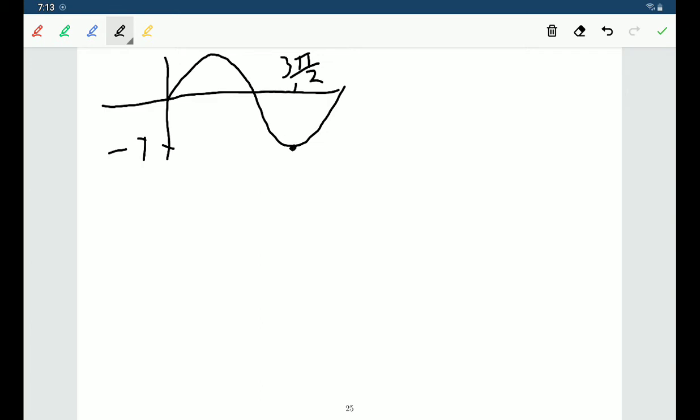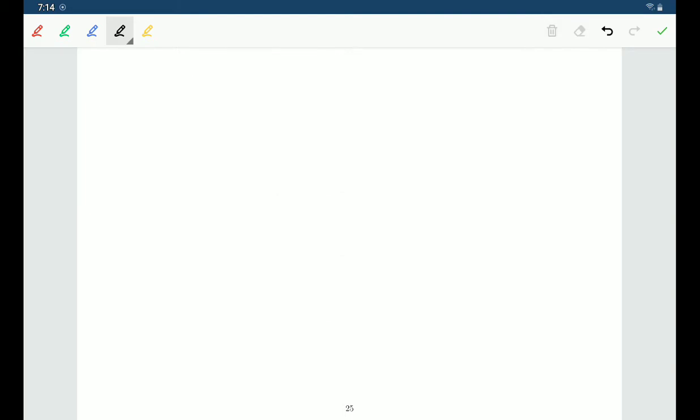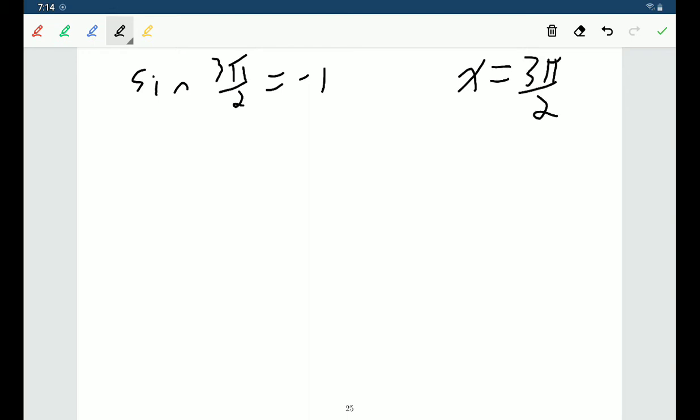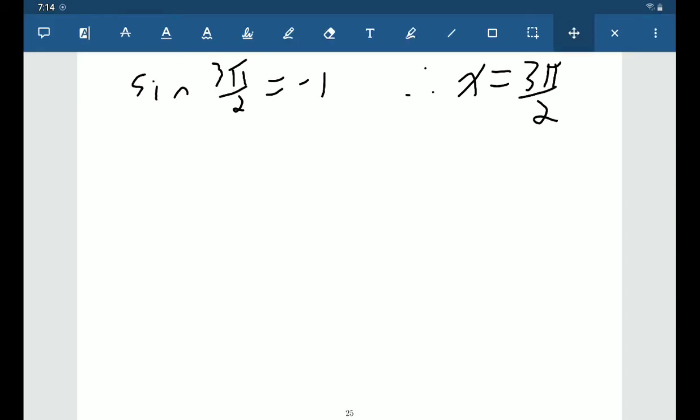That's the point on our sine graph that between 0 and 2 pi, the only time we reach a y value of negative 1 is at 3 pi over 2. So we know that sine of 3 pi over 2 is negative 1, and so therefore x must be 3 pi over 2, that one of our solutions then is 3 pi over 2.